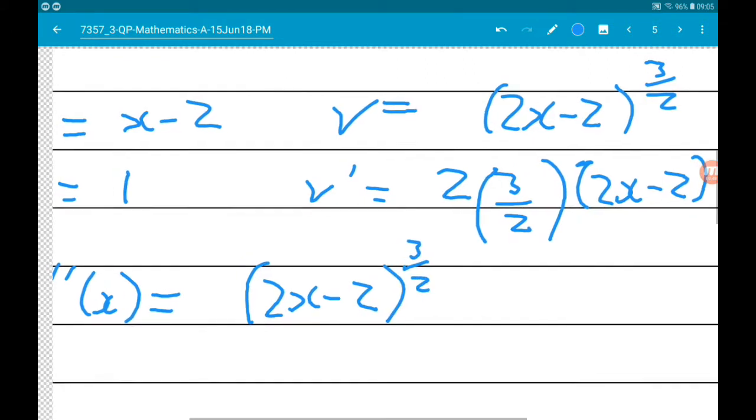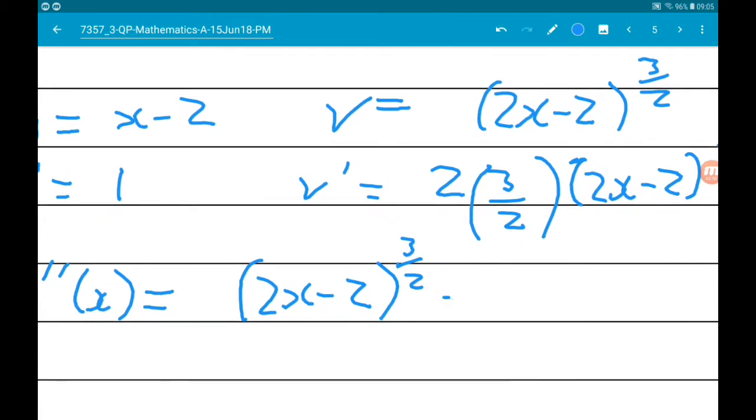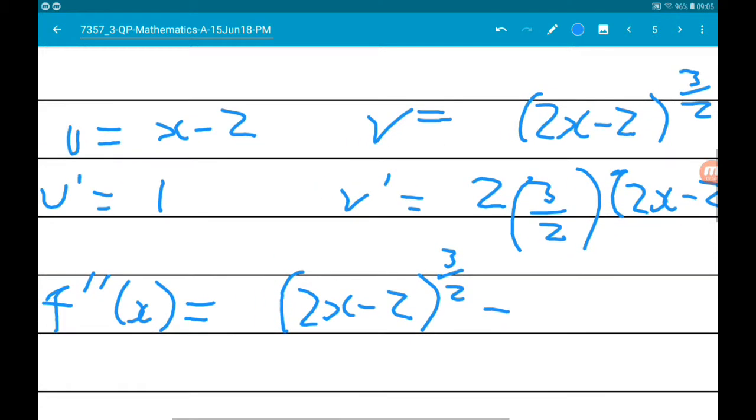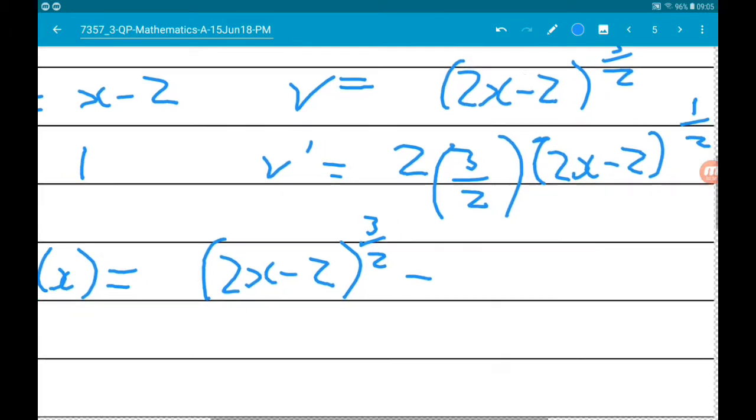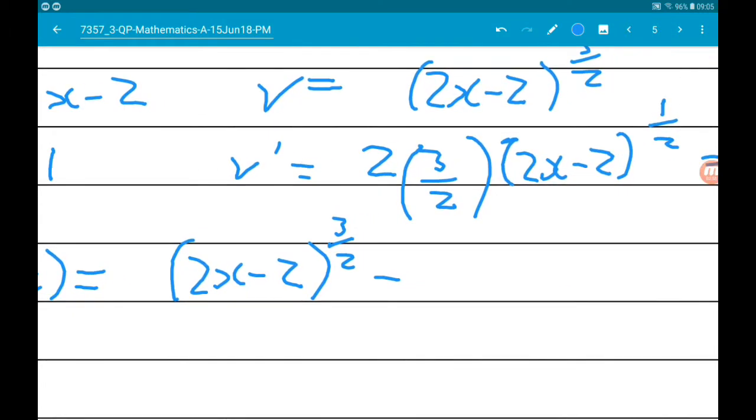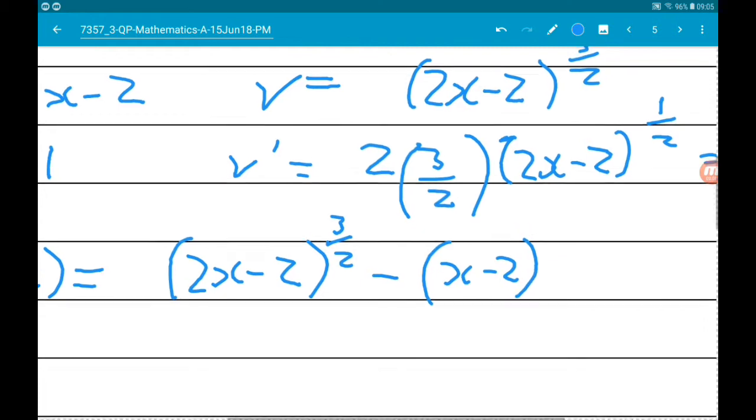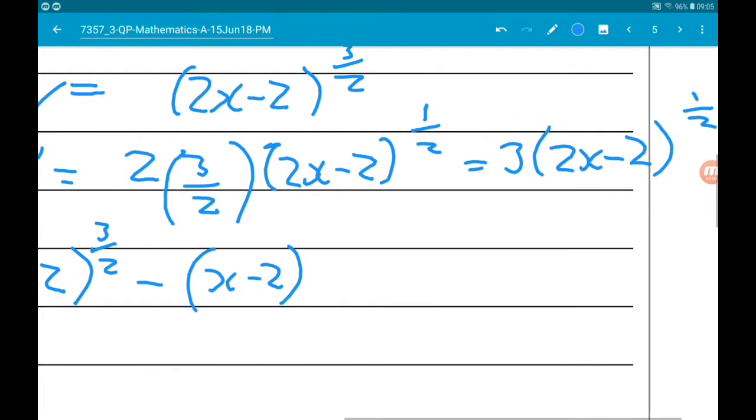And then we get minus u v dashed. So we're going to get minus x minus 2 times 3 lots of 2x minus 2 to the 1 half.